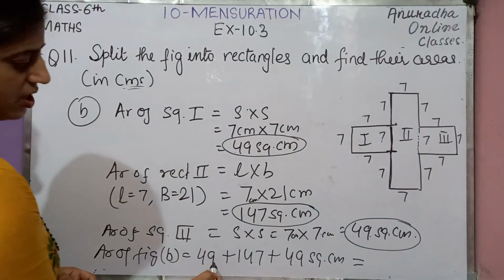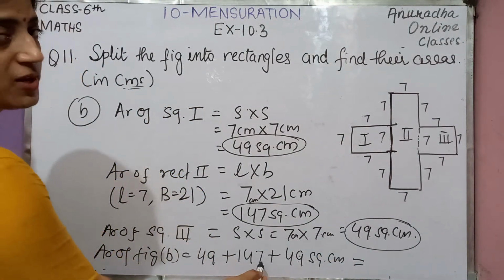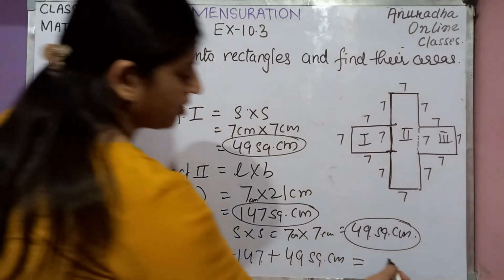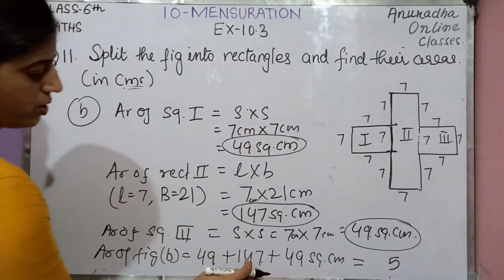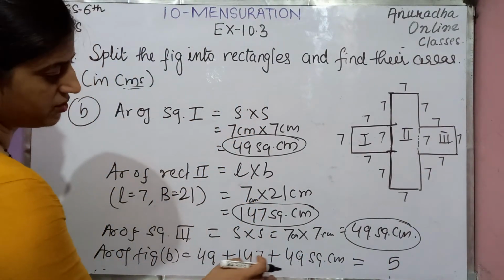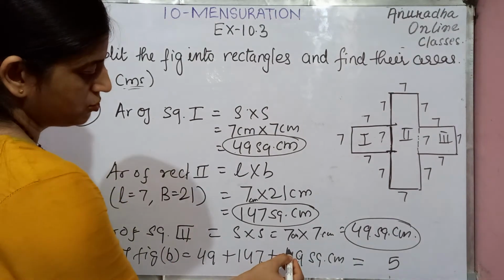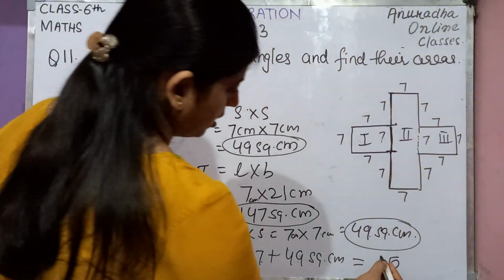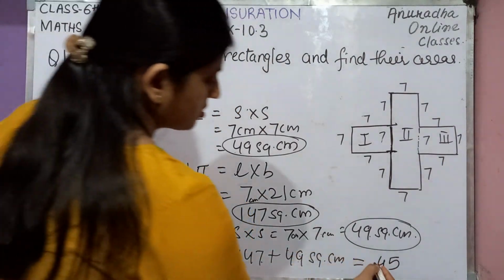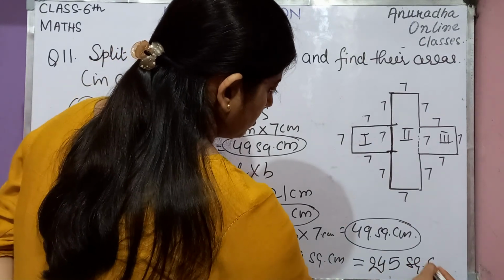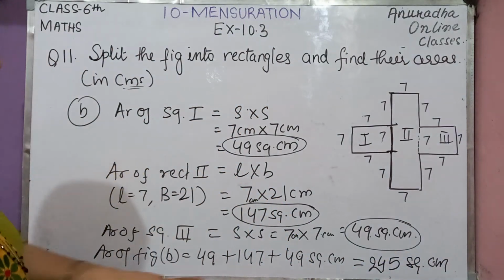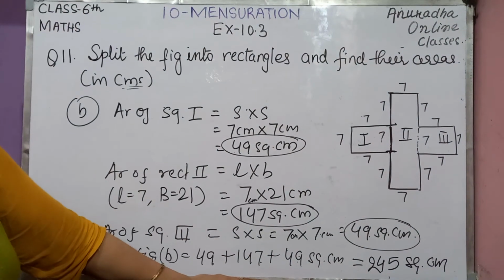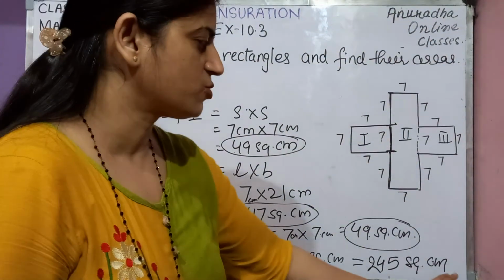That is equal to, see, 9 plus 9, 18, 18 plus 7 is 25, 5, carry 2, 2, 4, 4, 8, 8, 12, 4, carry 1. This is 245 square centimeter. Let's do again. 9, 9, 18, and so, children, it's 245 square centimeter.